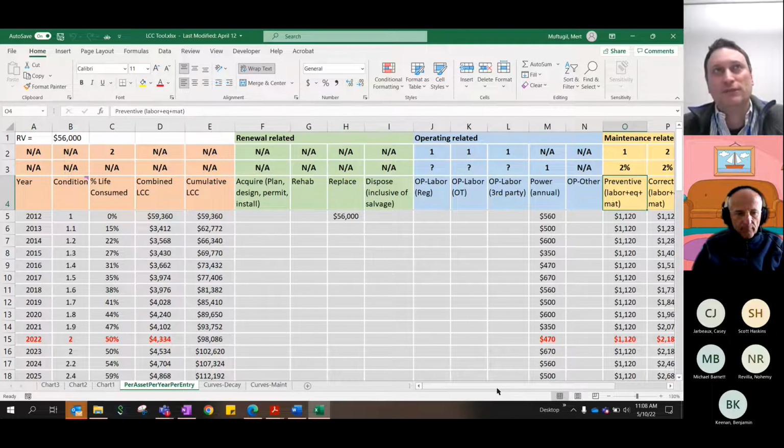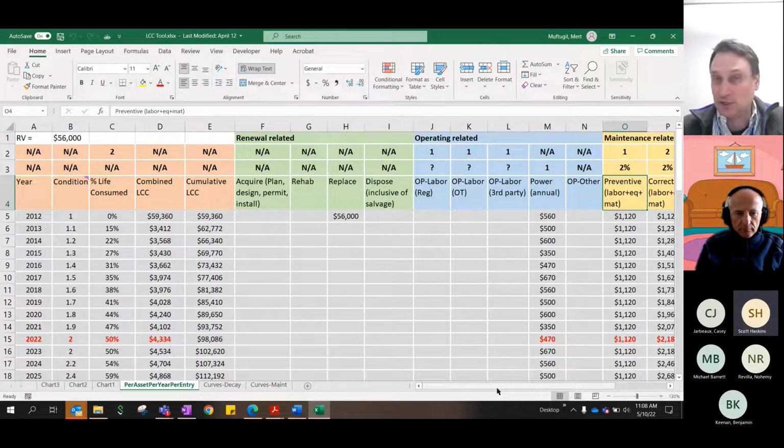I think the strength of this sort of analysis really is developing some sort of a baseline based on historical data, ideally if you have it, but even if you don't, establishing an assumed baseline, but trending it over time and seeing how it is tracking as best as you can with actual data over time.